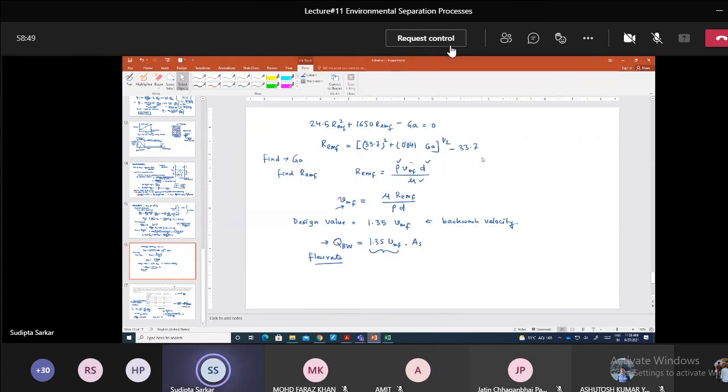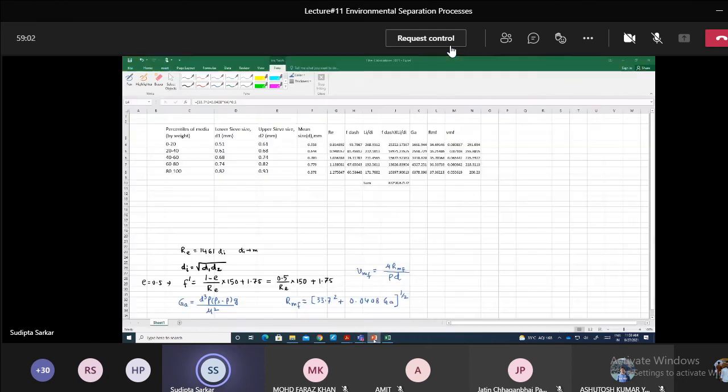Sorry, I missed something here. So I had here minus 33.7 here. The RDMA formula we have minus 33.7. Sorry about this. So we had this formula minus 33.7.